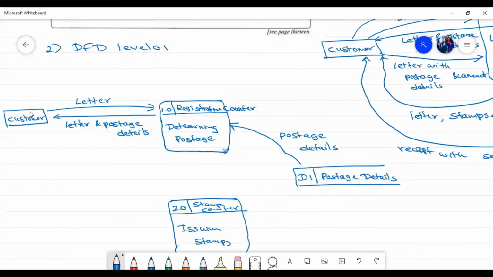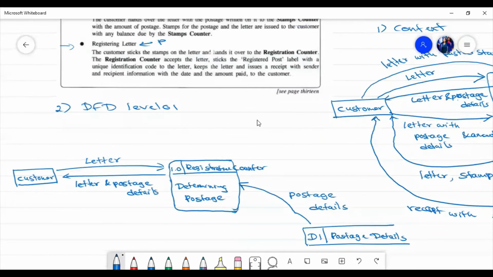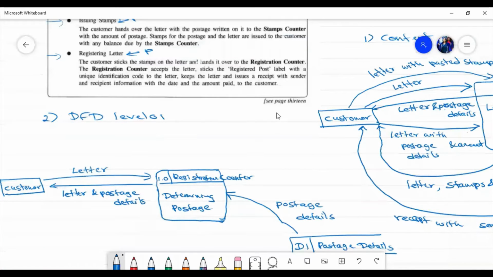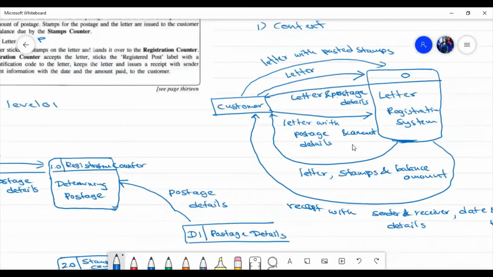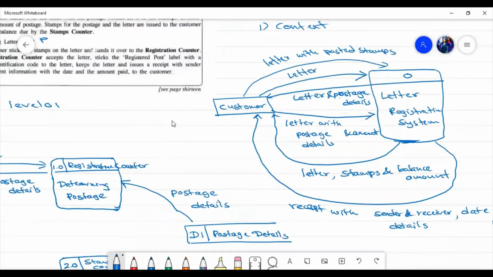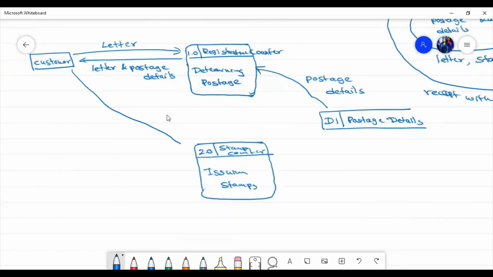Let's say the customer hands over the letter with the postage written at the stamps counter. Go to the context diagram. Here this is the arrow: letter with postage details and amount.